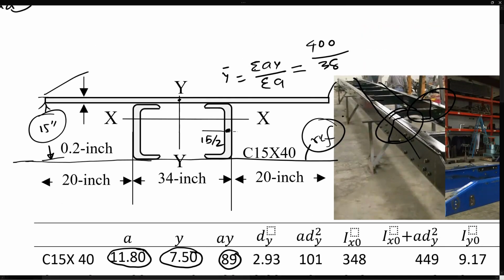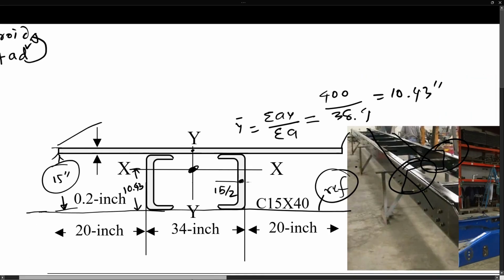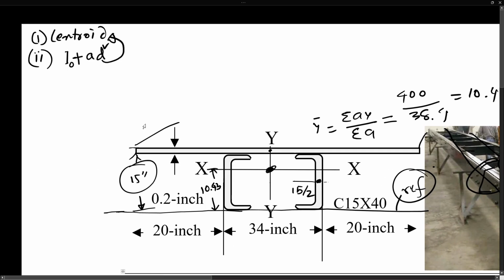That is how we found 10.43 inches from the bottom. So the centroid of this overall frame, the overall structure, is right here, which is 10.43 from the bottom.